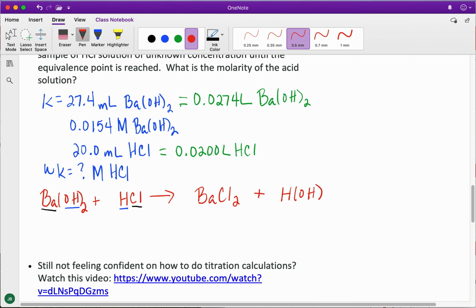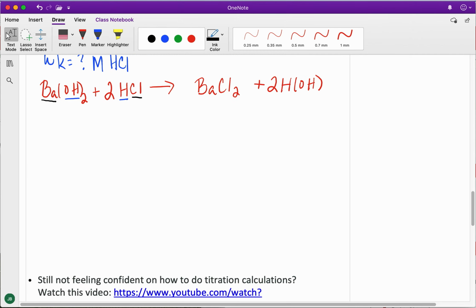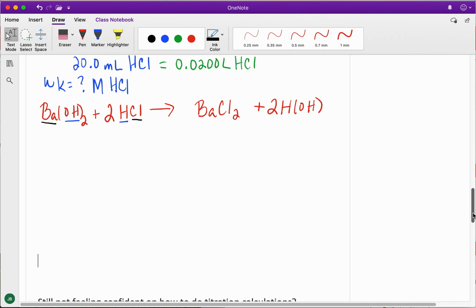Besides having to write the formulas correctly, we also have to balance this equation. So you're going to end up with a coefficient of 2 in front of the hydrochloric and a coefficient of 2 in front of the water. All right, and I'm going to go ahead and put some more space so that we can go ahead and work this problem out.